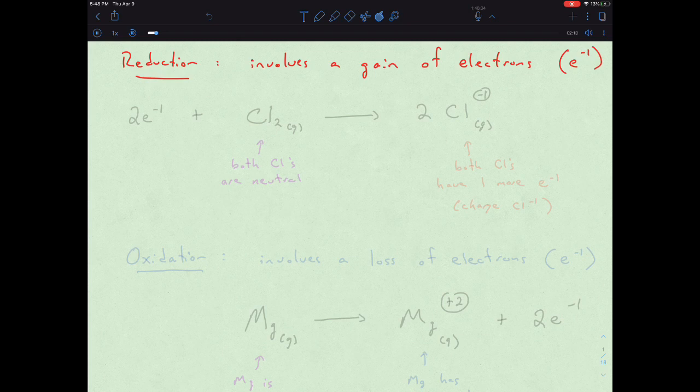So for example, if we had chlorine going to chloride, notice that there's going to be a gain of electrons occurring here in terms of our chlorine.